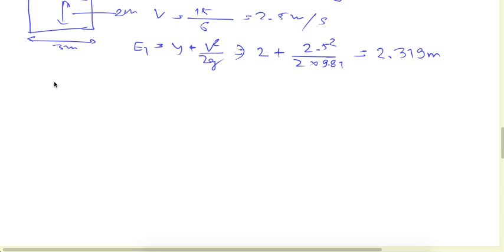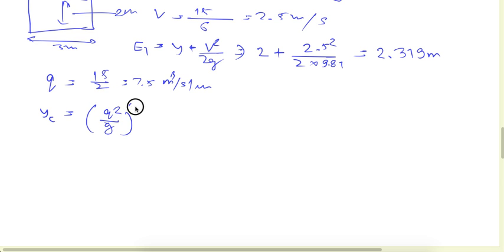So discharge per unit width will be equal to 15 by 2, which is 7.5 meter cube per second per meter, and we know the critical depth is equal to q square upon g to the power 1 by 3. From here 7.5 square upon 9.81 to the power 1 by 3, which is coming out to be 1.789 meters.